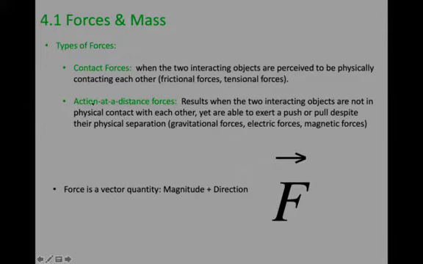If you think of other types of forces, like forces acting from a distance, think of the force that makes the moon orbit around the Earth. Why is the moon orbiting around the Earth? Because of the force of gravity. Well, fine, but can you actually see the force of gravity? No, you can't. Because the moon doesn't have to touch the Earth to feel its gravity for this force to happen, right?